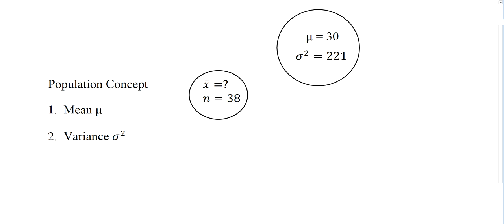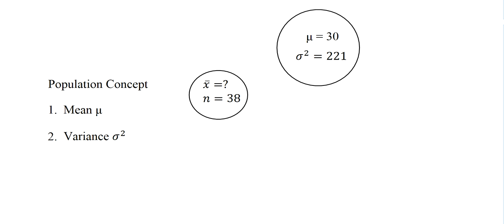Before you understand the central limit theorem, you have to see that you can draw another sample of size 38 and calculate the sample mean. In that way, you can repeat this experiment over 1,000 times. Each time, you can calculate an x bar, so you can have 1,000 x bars.